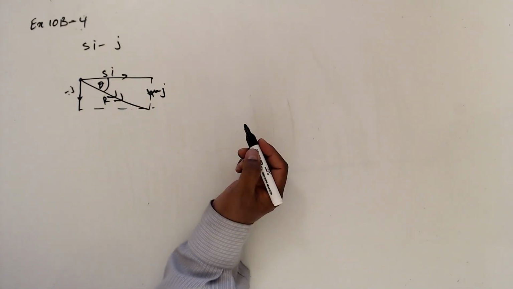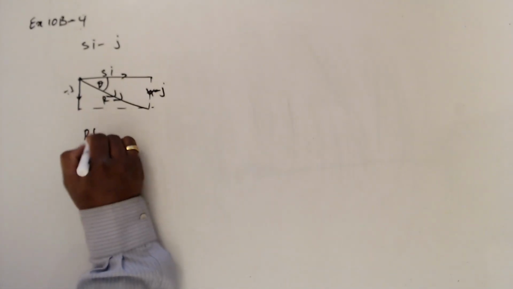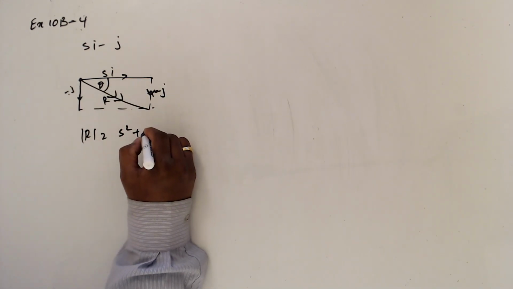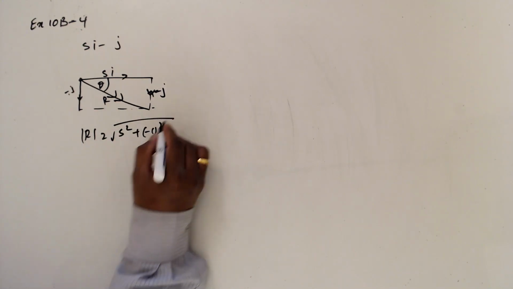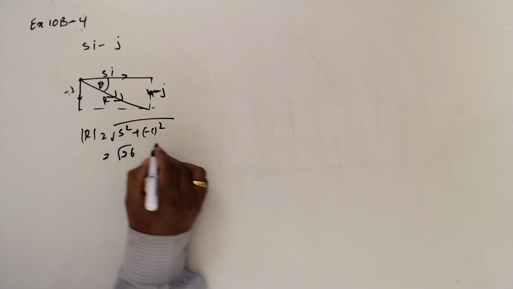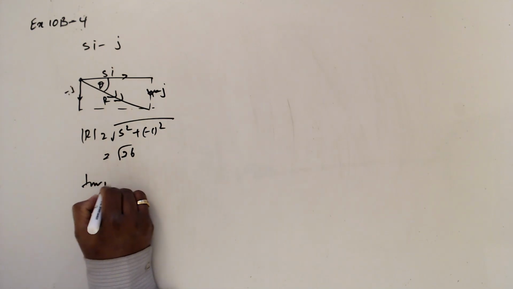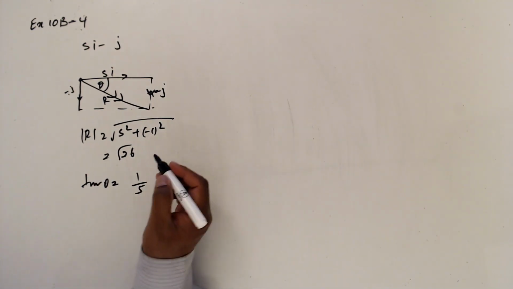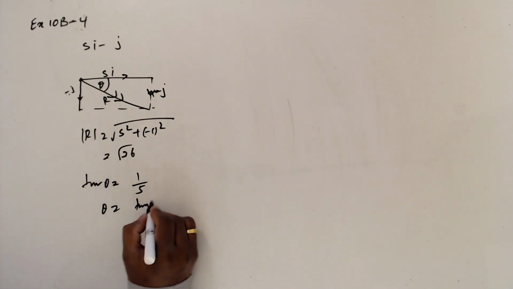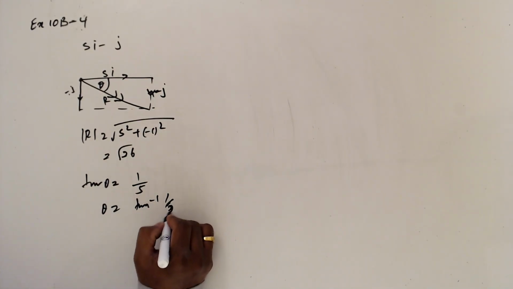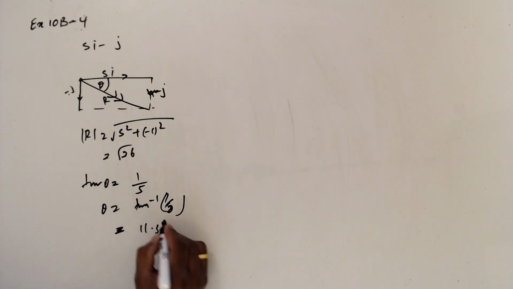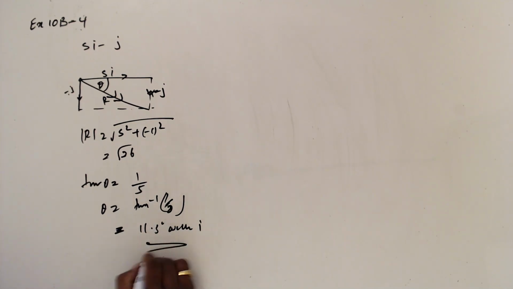Let's consider theta. So mod R is the square root of 5 squared plus minus 1 squared, which is the square root of 26, and tan theta equals 1 divided by 5. Theta equals tan inverse 1/5, that is 11.3 with i.